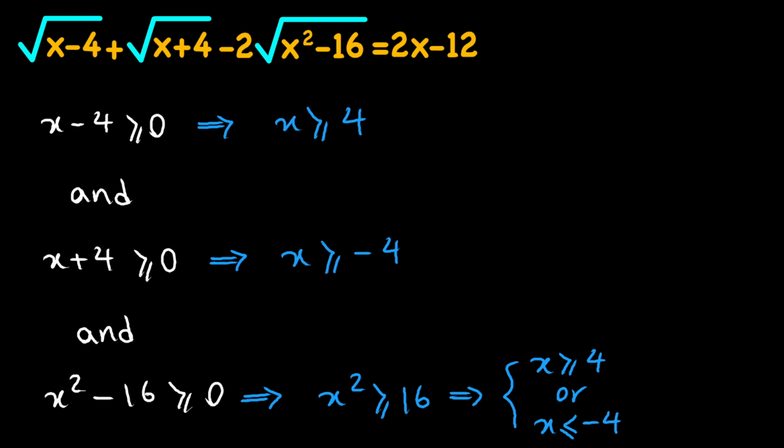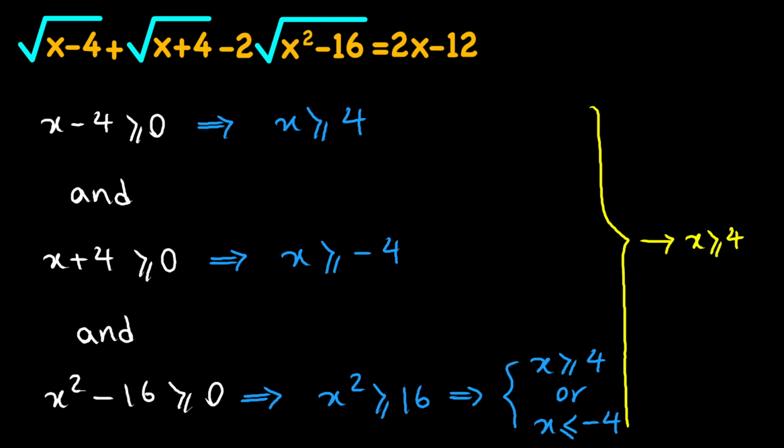Now, since we have "and" between these conditions, we need to find the intersection of the solutions. And if we do so, we will see that the intersection is x is greater than or equal to 4.